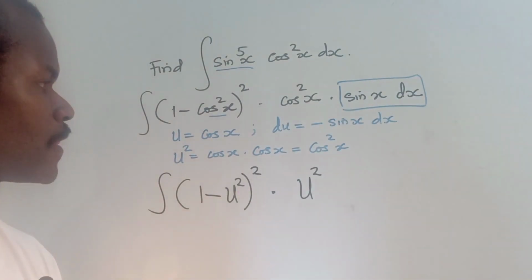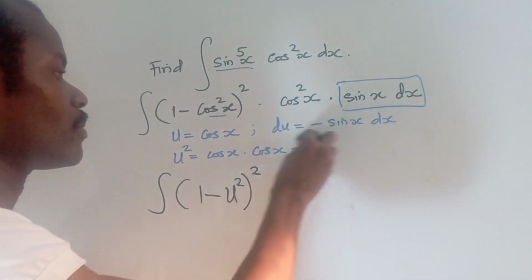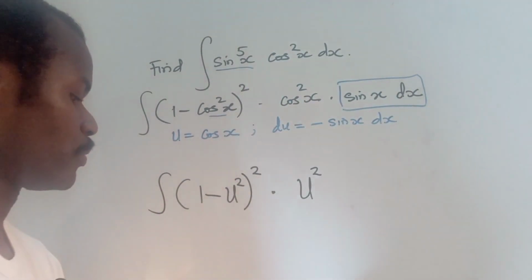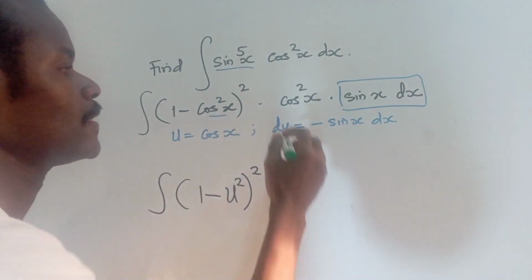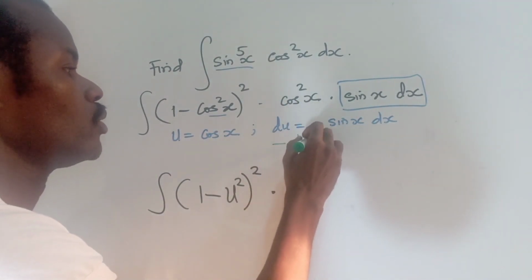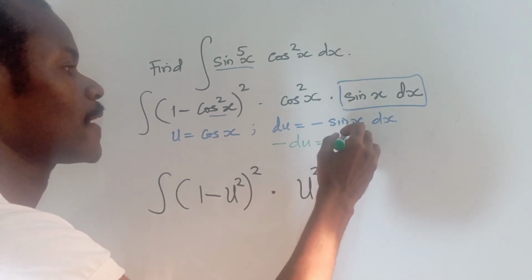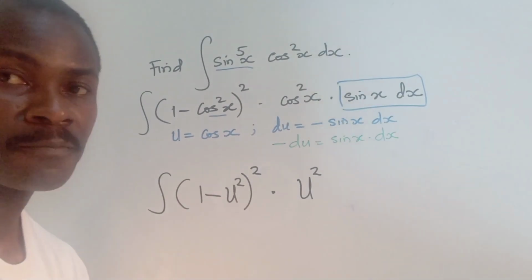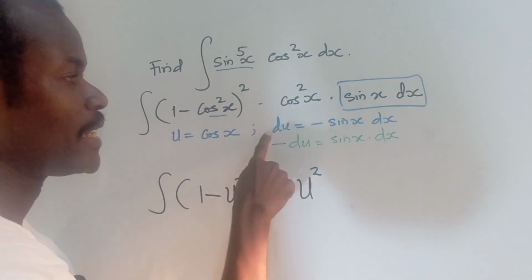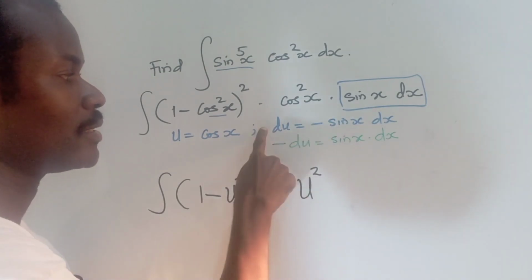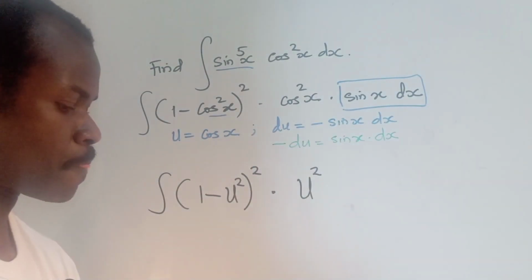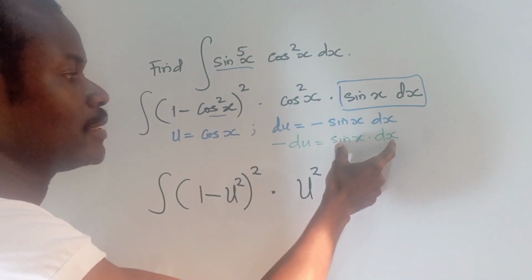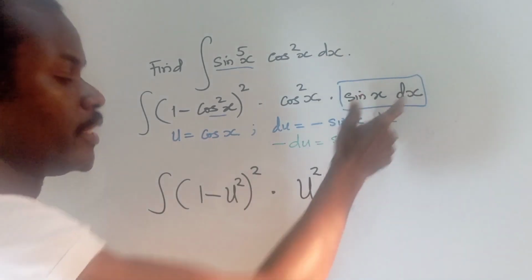For that part, I can observe from this relationship that minus du equals sine x multiplied by dx. If I multiply both sides by negative, this becomes plus and this is negative. So all I need to do is replace all this as negative du here.